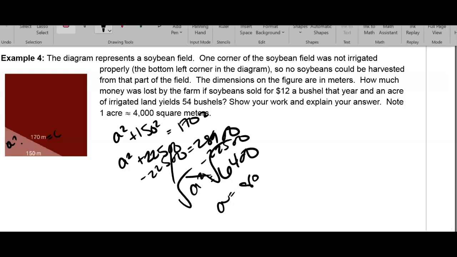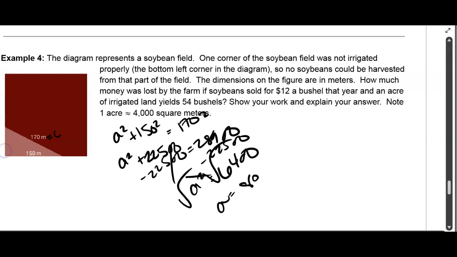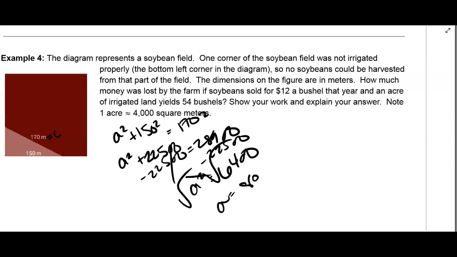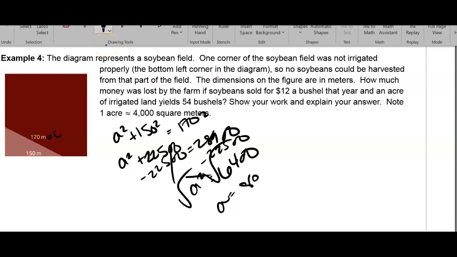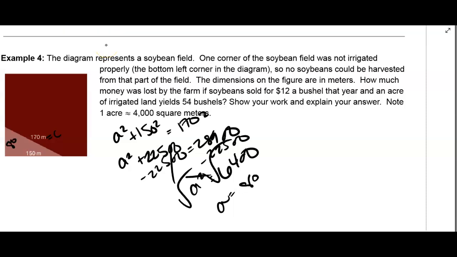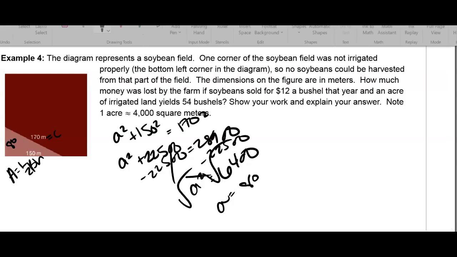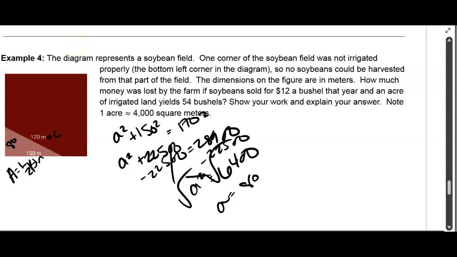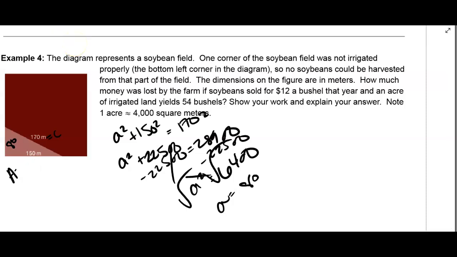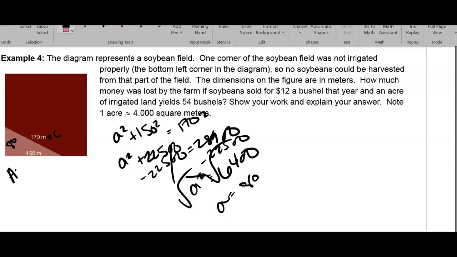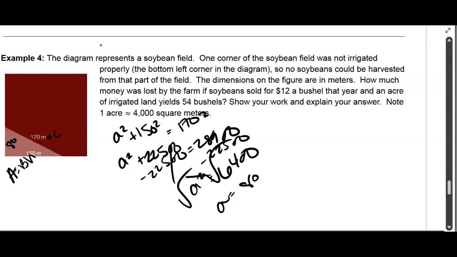So now I'm going to redraw this here. So now what I'm going to do is I'm going to say, okay, well now I can do area. Let's use the formula we've been using actually, which is altitude times base divided by 2. So I'll just say base times height divided by 2.